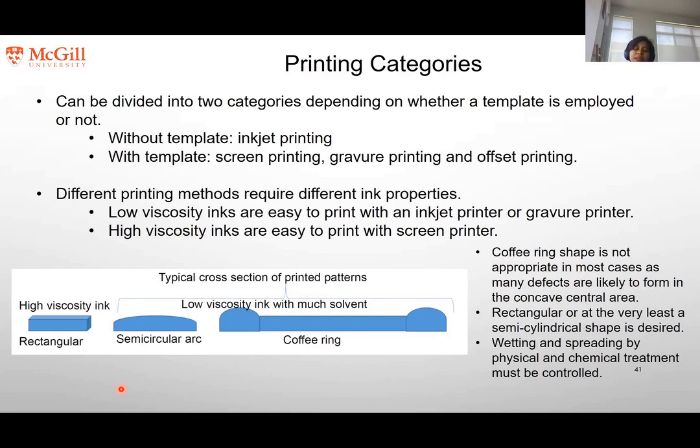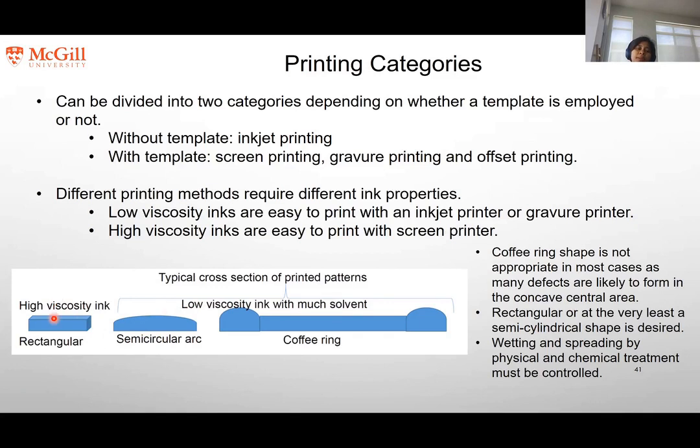Different printing methods require different viscosity inks. Low viscosity inks are sought in processes like inkjet printing and gravure printing, whereas high viscosity inks are required in a process like screen printing. Low viscosity inks can form smaller features, but one problem with low viscosity ink is something called the coffee ring effect.